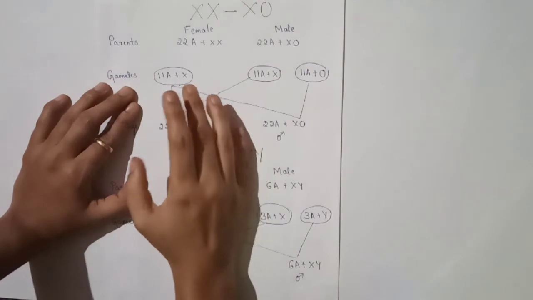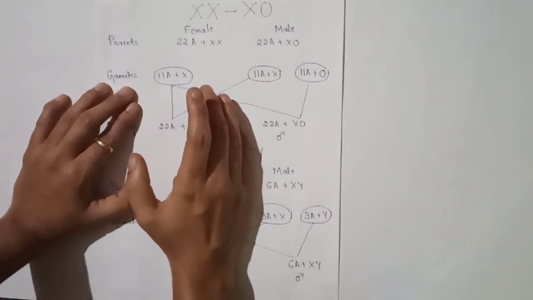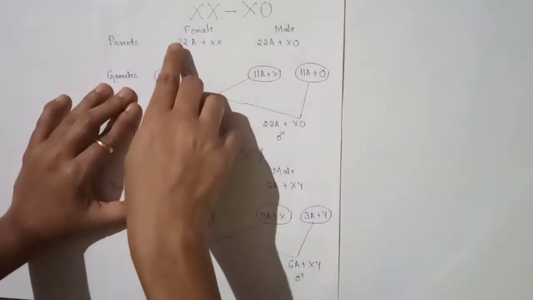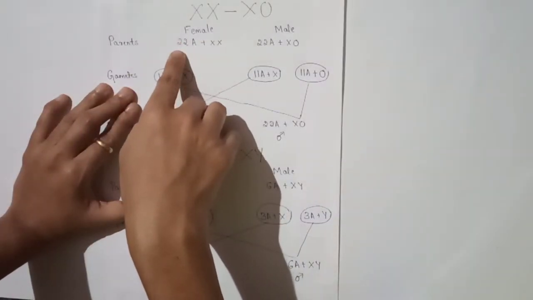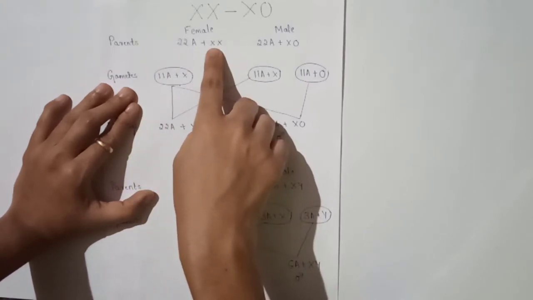I am taking the example of grasshopper to explain the sex determination mechanism of XO type. This is a female individual, this is a male individual. In female grasshopper, there are 22 autosomes and XX allosomes.